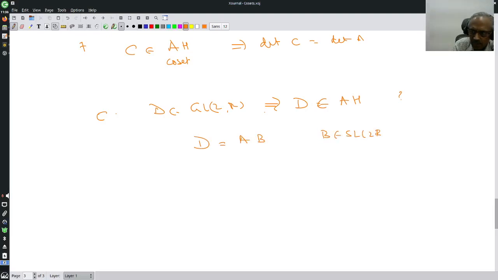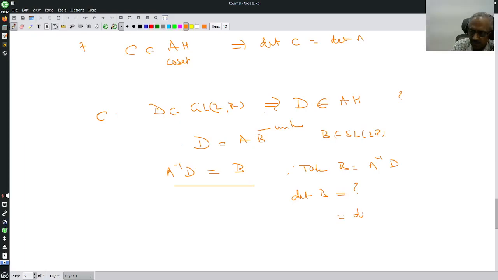What is unknown is B. Remember A, B, everything is invertible. Therefore, I can think of B as A inverse D. Multiply: A times A inverse D will be B. So take B equal to A inverse D, and I have to check whether the determinant of B is equal to 1.